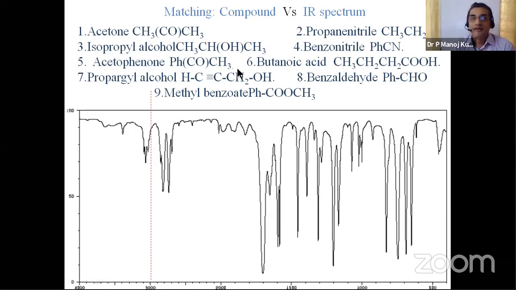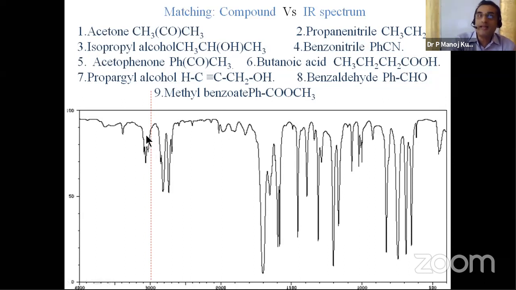Okay, fine. Obviously, what you should know is that this clearly tells there are no bands in the first zone. But in the second zone, there are two types of bands, above 3000 and below 3000, which clearly tells that both aliphatic and aromatic portions are there.